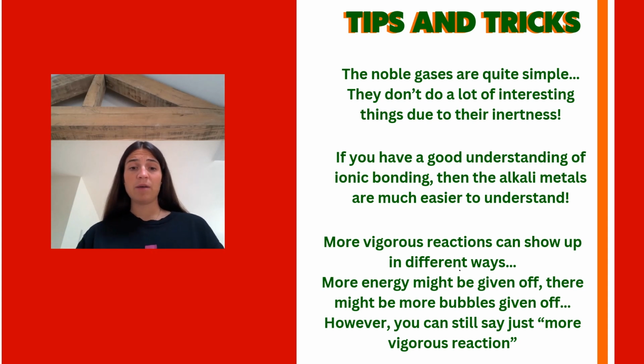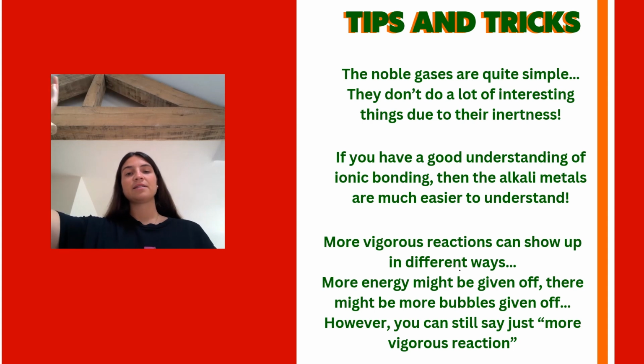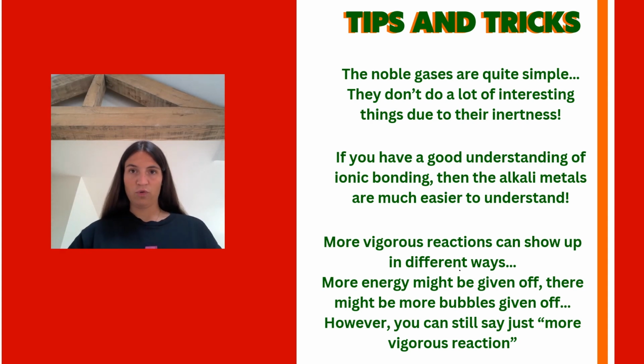More energy might be given off, you might have more bubbles being given off, but you can still just say, in terms of the observation, that you're having a more vigorous reaction here. And remember, they get more vigorous the more reactive these metals are, and that's as you go down your group, because those atoms are getting bigger and the electrons that need to be removed are getting further and further away from that nucleus.